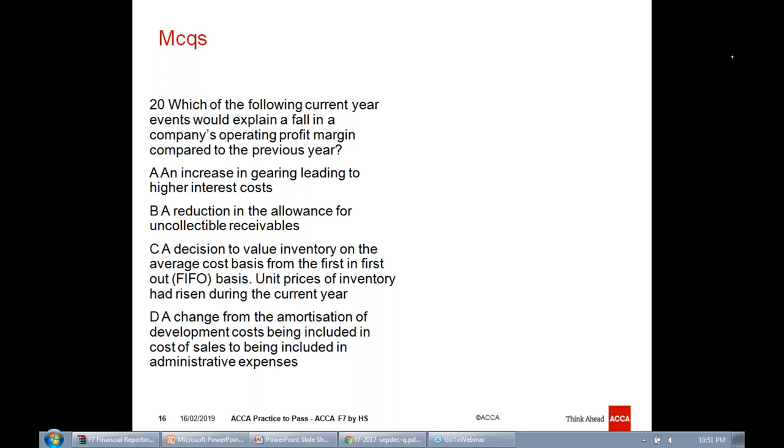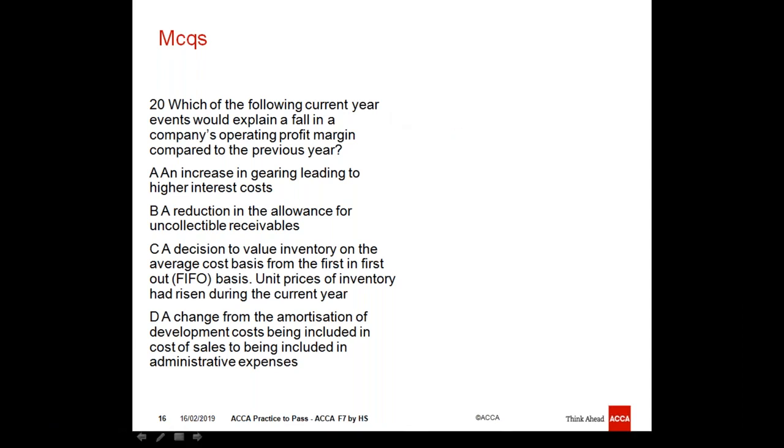Which of the following current year's events should explain the fall in the company's operating profit compared to the previous year? So, fall in the profitability.